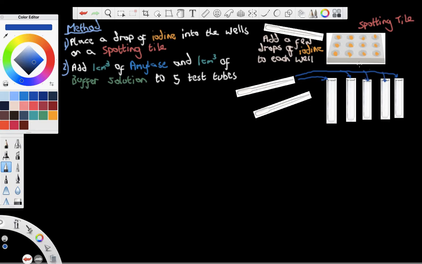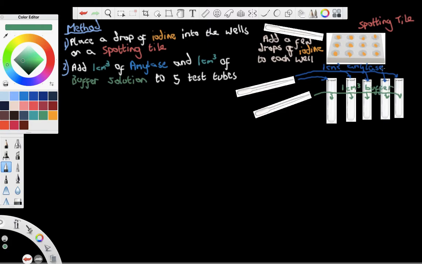So I'm adding 1 centimetre cubed of amylase, and with this one I'm going to add 1 centimetre cubed of buffer solution. So into each one I'm going to add 1 centimetre cubed of amylase and 1 centimetre cubed of buffer.